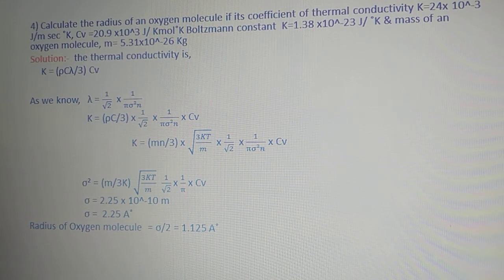So this helps us to get the value of sigma, and the value of sigma will be equal to 2.25 angstrom. What is the sigma? Sigma is the diameter of the gas molecule, right? Once the diameter of the gas molecule is calculated, then you can calculate the radius easily. So the radius of gas molecule is equal to sigma by 2, and this is equal to 1.125 angstrom, right?